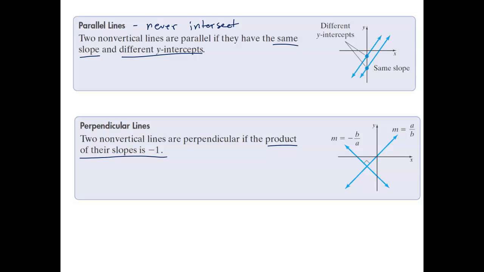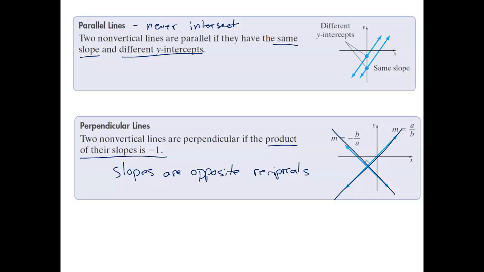The other thing about perpendicular lines is the slopes are opposite reciprocals. One of them is going to be a positive slope, the other is going to be negative, where you flip the fraction.